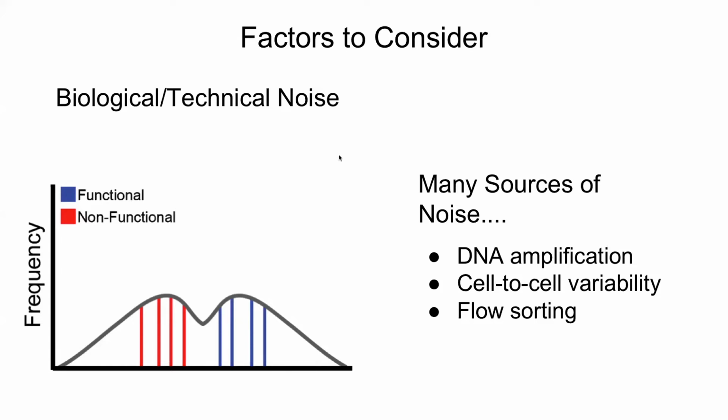Even something like flow sorting for particular approaches can introduce noise in your measurements. So again, we have this same distribution from the previous slide of the low dynamic range, but if you have less variation in your measurements, even with a pretty bad dynamic range, you can assign variant scores and assign function confidently.